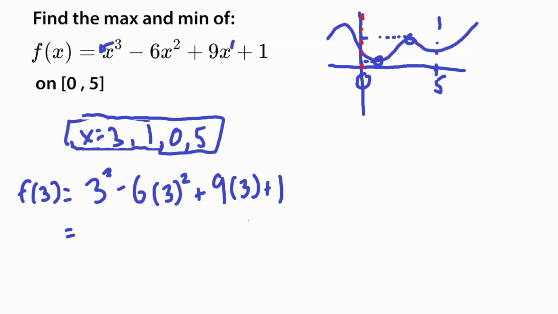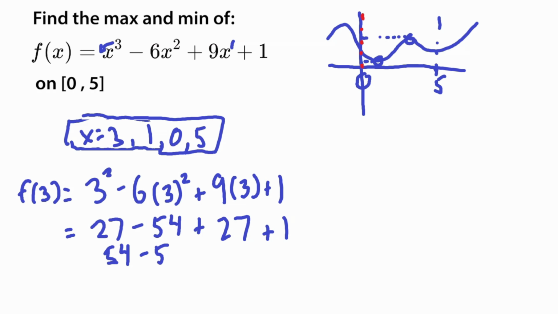So 3 cubed is 27, minus 6 times 9, which is 54, plus 9 times 3, which is 27, plus 1. 27 plus 27 is coincidentally 54, minus 54 plus 1. So 54 minus 54 is 0, and f of 3 is equal to 1.